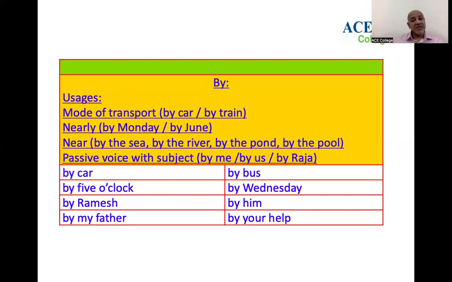We may have a meeting. We will have a meeting. There are two sentences. We may have a meeting, meaning it's doubtful. You are bringing "by" Monday: we will have a meeting on Monday. You understand this too?